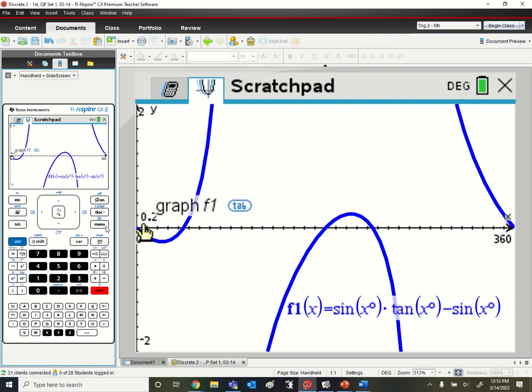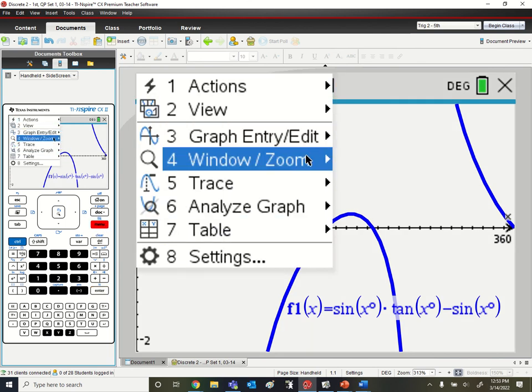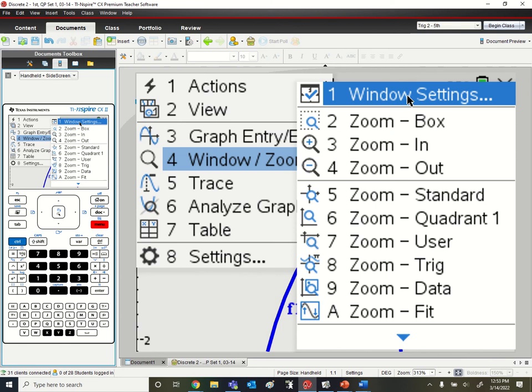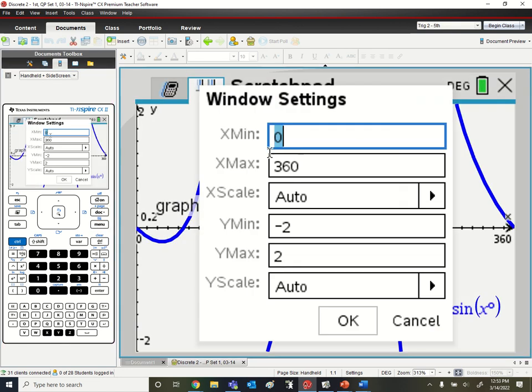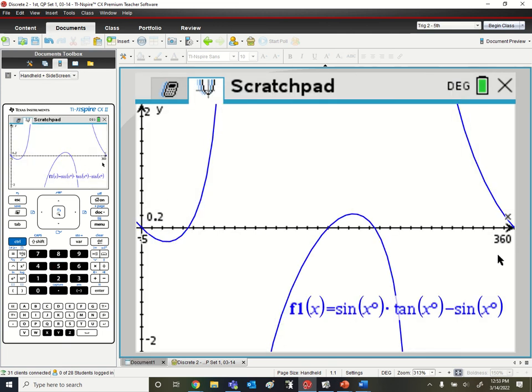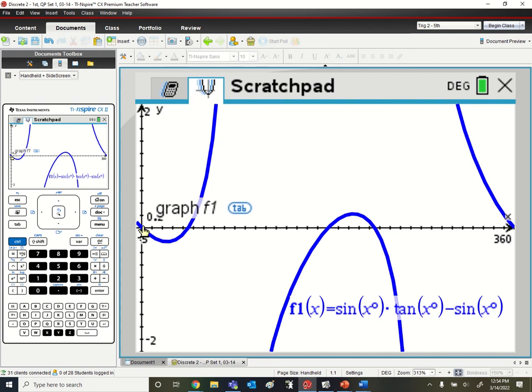All right, so I'm going to change my window because it looks like 0 is supposed to be an answer. So I'm going to change this from 0 to -5. Now, if you notice, I could clearly see left side and right side that it is crossing right there, isn't it?